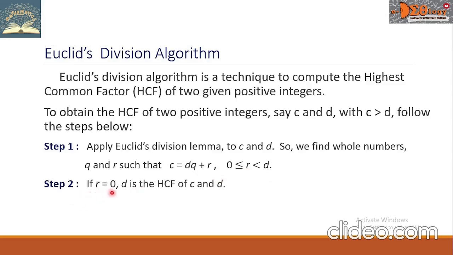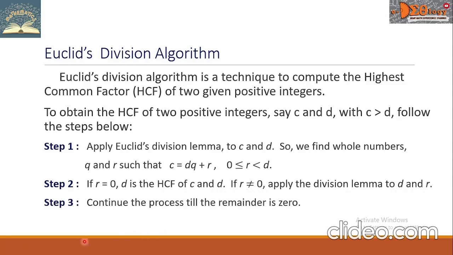If R equals 0, D is the HCF of C and D. If R is not equal to 0, apply the division lemma to D and R. Step 3. Continue the process till the remainder is 0. The divisor at this stage will be the required HCF.